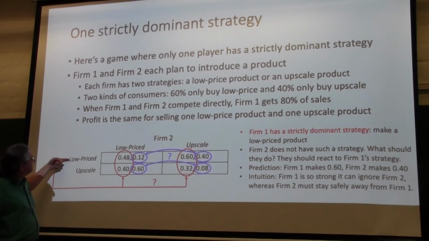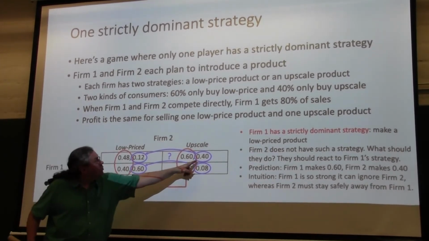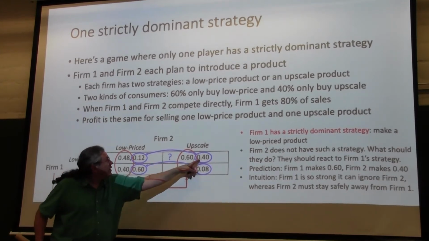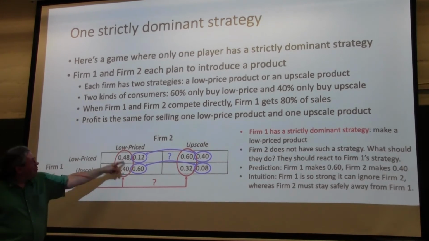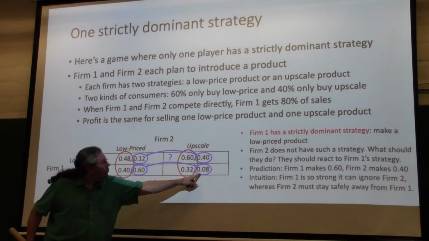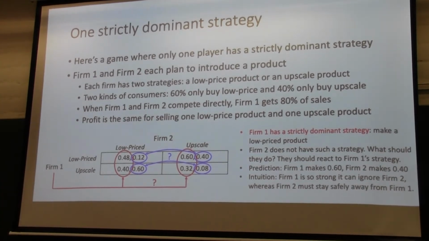Because if firm 1 picks low price, then firm 2 should do upscale. Now I'm comparing the blues, 40 and 12. Whereas if firm 1 does upscale, then firm 2 should do low price, 60 versus 0.08. So what firm 2 does depends on what firm 1 does. So what can we learn from this? Well, firm 1 is going to be rational. We're assuming it's rational.